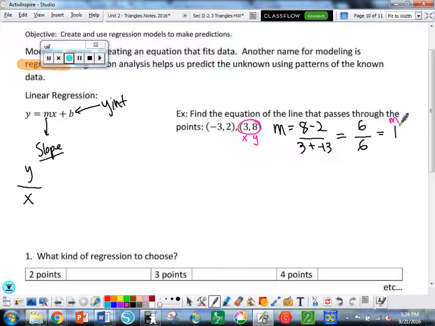Could I plug each of those into this and figure out what b is? Yeah, let's do it. So y is 8 equals slope 1 times x, 3 plus b, whatever that is. That's what we're figuring out, right? How do I solve for b?